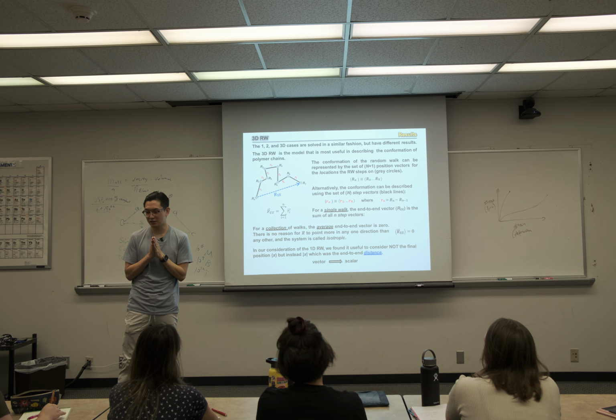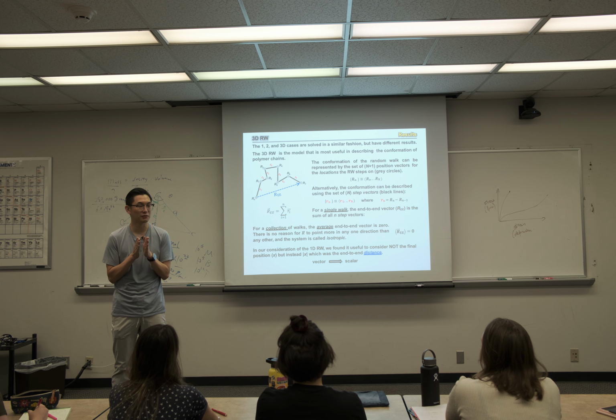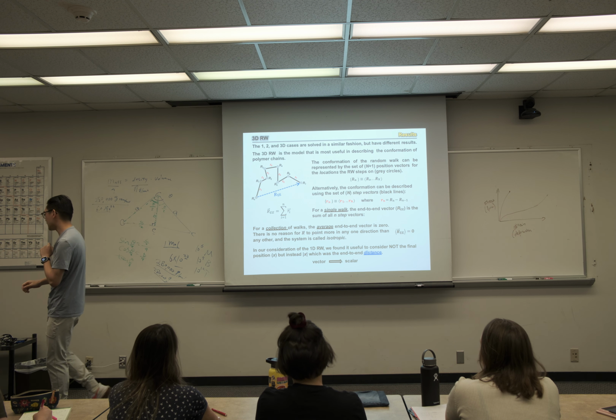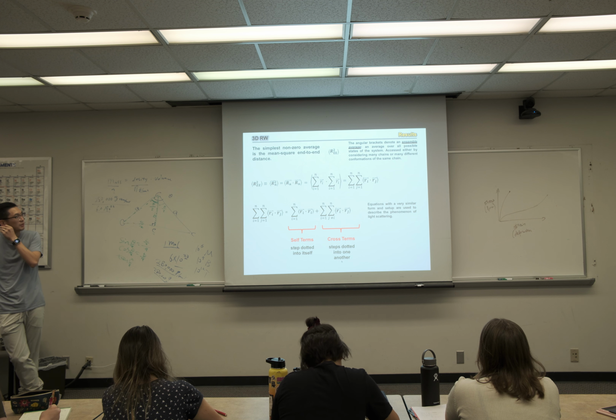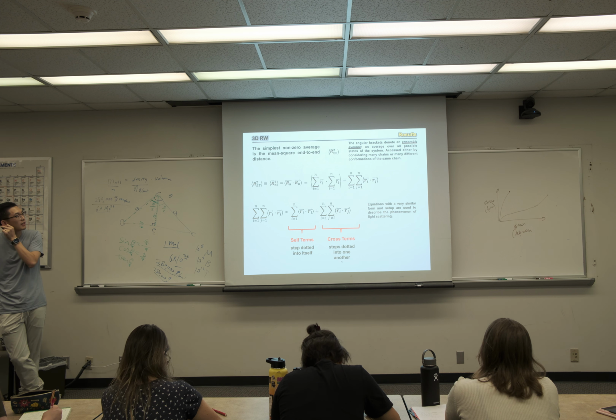We use this simple trick to get the end-to-end distance value using the end-to-end distance square average, not the end-to-end distance average, because that will be 0. In the past few lectures, we talked about using the dot product, R dot product with itself, so that you can get the end-to-end distance square.